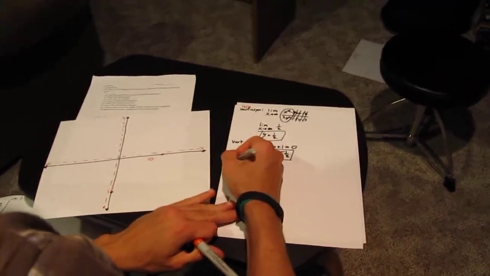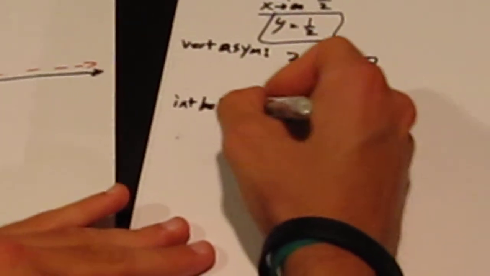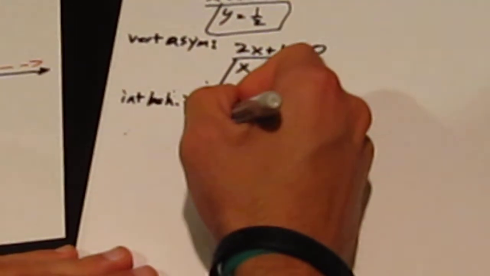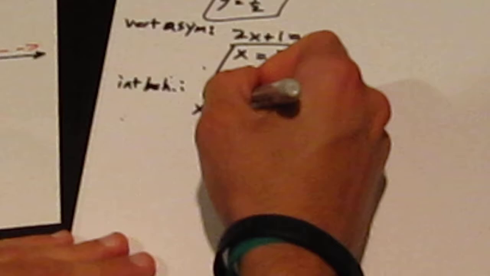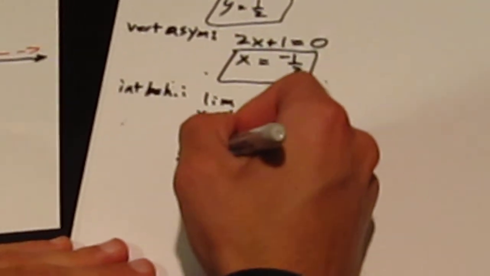Okay, so now we have to find the intermediate behavior. In order to do that, you have to find the limit of x to negative 1/2 from the positive side, and the limit of x to negative 1/2 from the negative side.